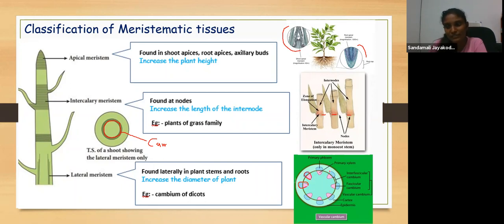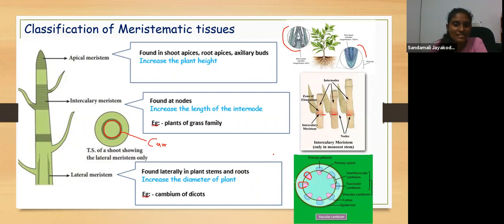In the middle of a vascular bundle, we can see a cambium region. When the plant is growing further, the cambium tissues inside the vascular bundles come together and make a single ring, which increases the diameter of the plant. So that is the lateral meristem.